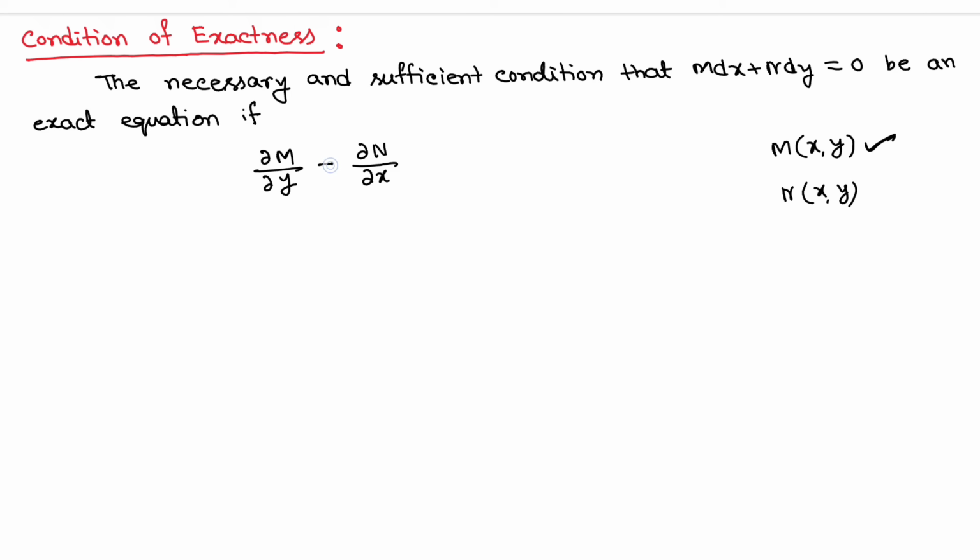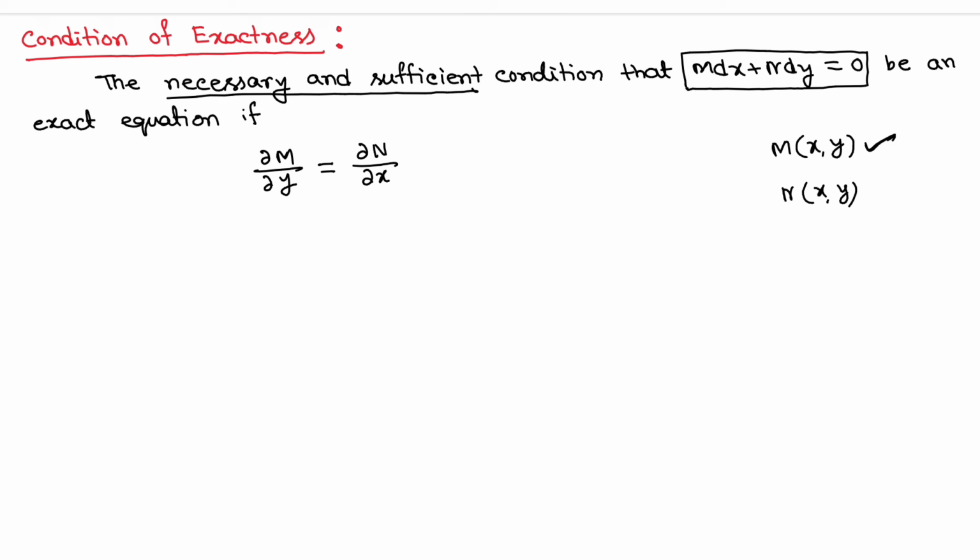If these two derivatives are equal, then the equation m dx plus n dy equals to 0 will be called an exact equation. And this condition is necessary and sufficient.